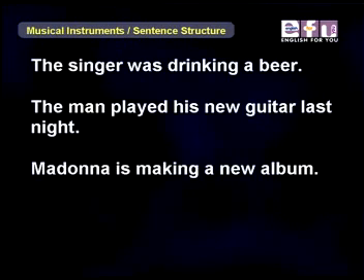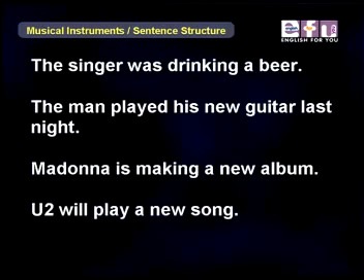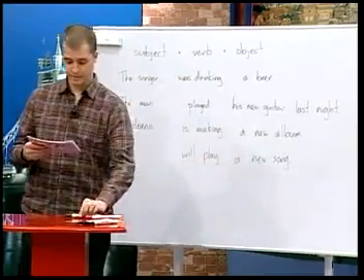Let's use Madonna. Madonna is our subject. Madonna is making a new album. Object, a new album. And finally, U2 will play a new song. Let's look at the subjects.